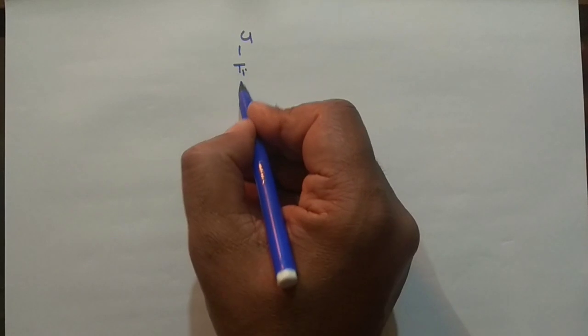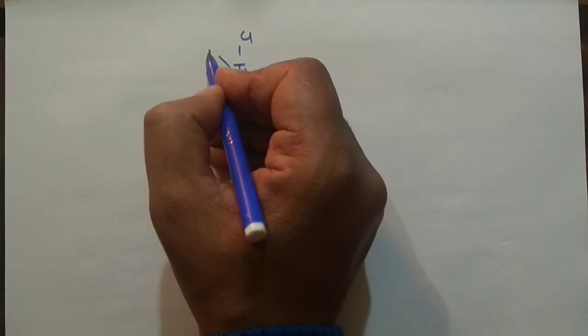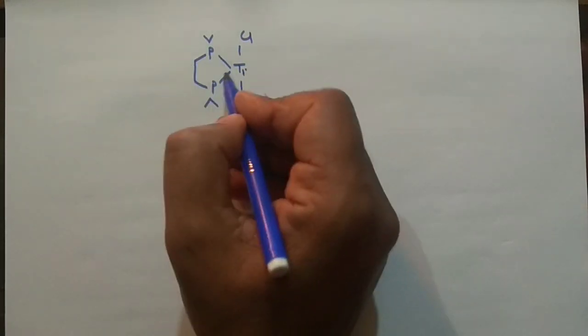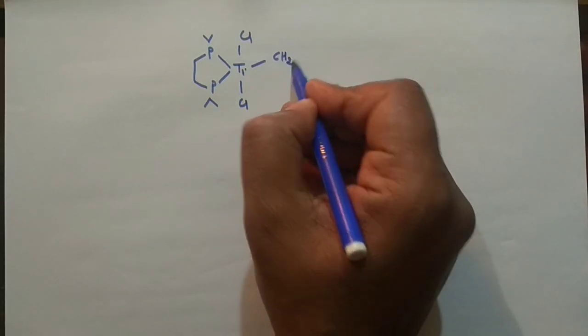Say for example, you are given this complex, titanium in the center and two chlorines placed trans to each other, and two P-methyl groups are there, they are forming a five-membered ring. And then you are having say CH2 and CH3.